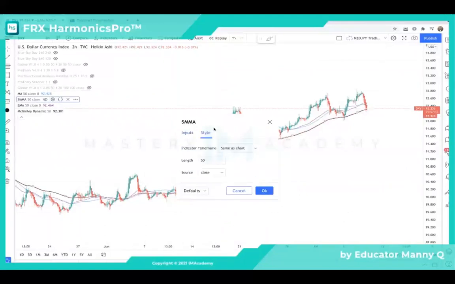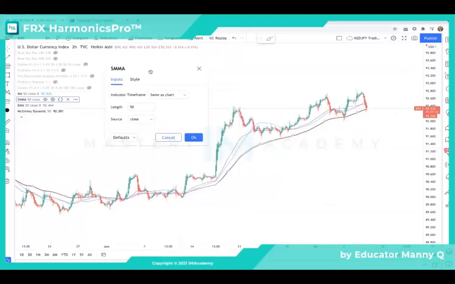What you can do is put in a period of time in which you want to determine the trend of the market. Now we're on a 2-hour time frame.